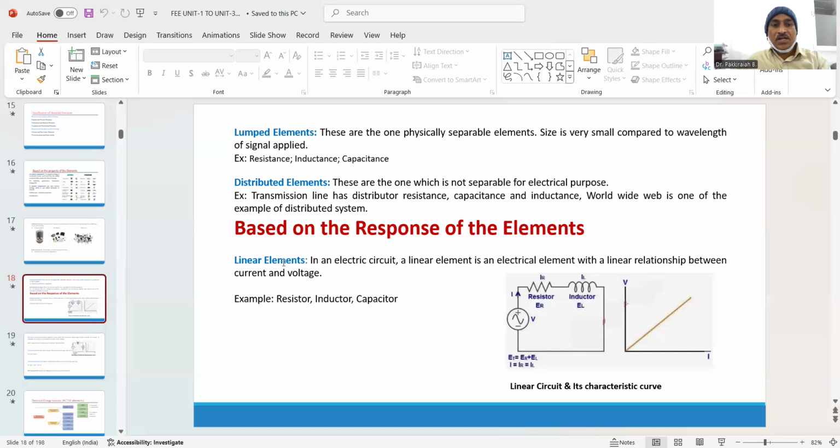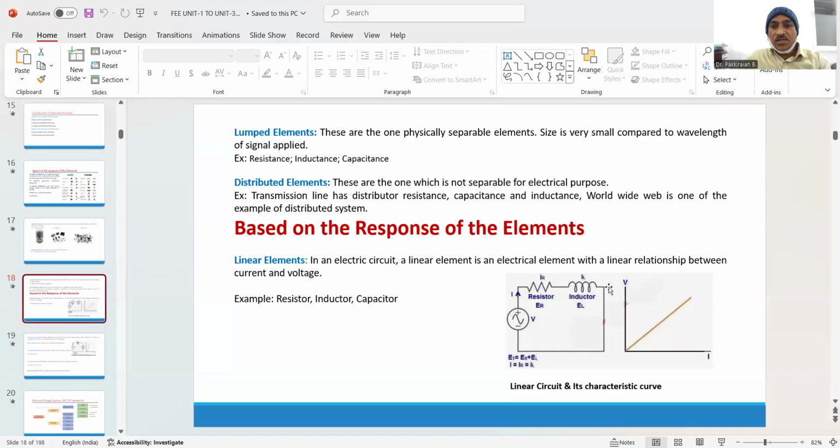And another classification of the elements, we could see linear elements. Elements which obey Ohm's law are called linear elements, the elements which have a proportional relationship between the voltage and current.